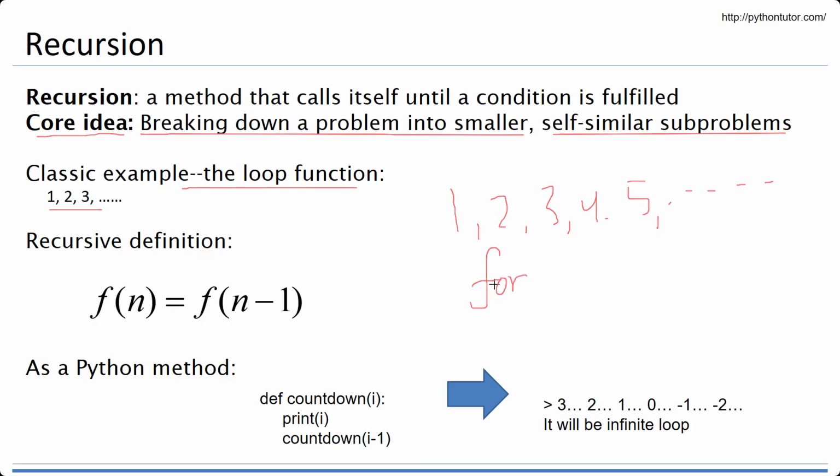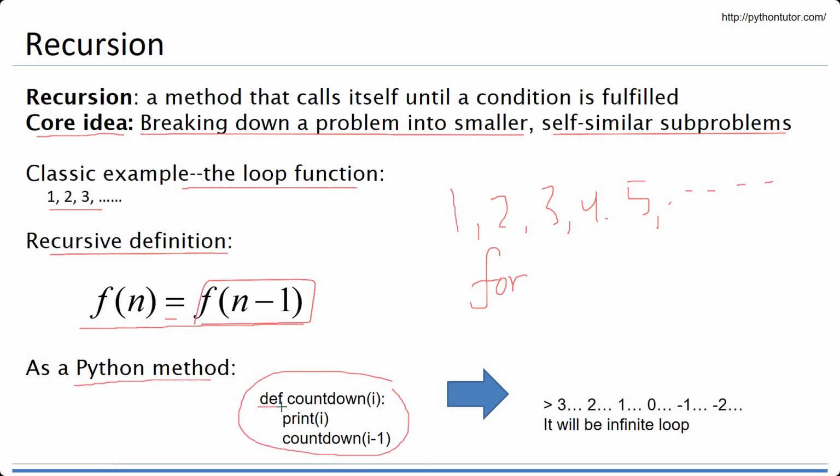Now, instead of using a for loop, we are going to use recursion. So the recursive formula will be something like this: Fn equals Fn minus 1. When we do this with Python, it will be something like this.